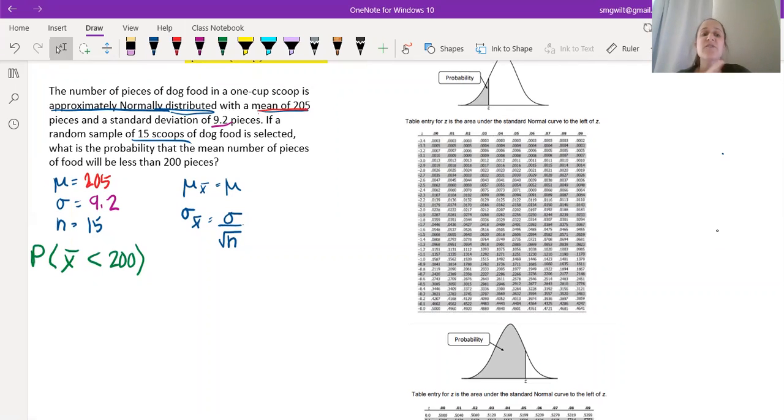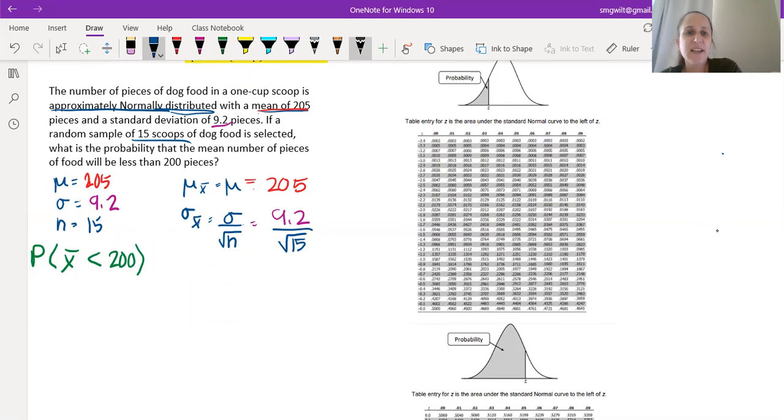It's easy for the mean. It's the mean of the population. So I'm going to assume that the mean of my sampling distribution is also 205. The formula for the standard deviation is the standard deviation of the population divided by the square root of the sample size. So in this case, we're doing 9.2 divided by the square root of 15.